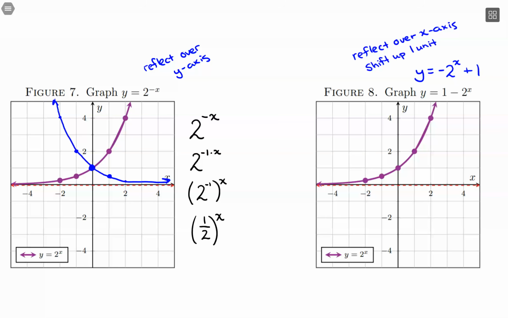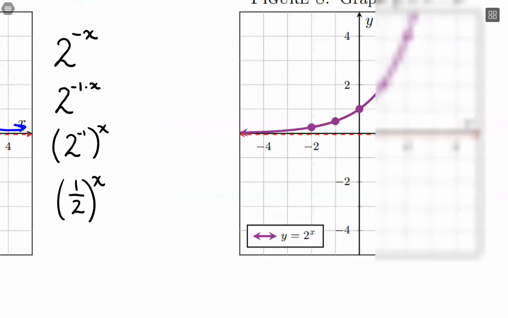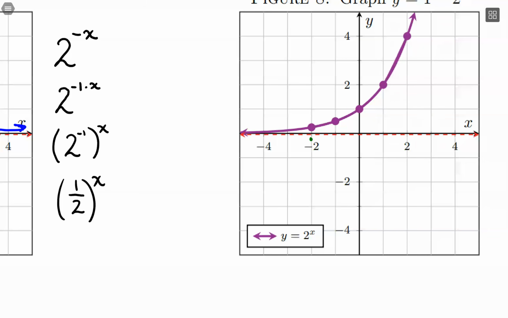So I'm going to take care of the reflection first. I'm going to do 2 steps with this. Reflecting over the x-axis, which we've done already, would give us something like this. I'm just going to get a sketch going here. And then we're going to move everything up 1 unit.